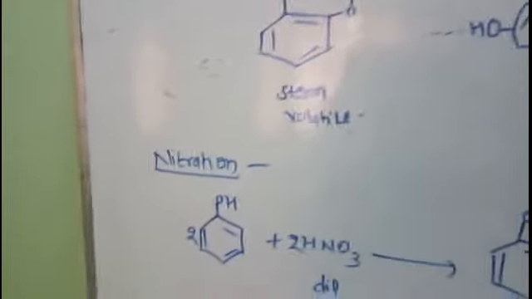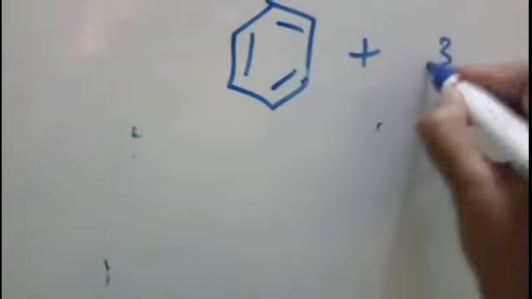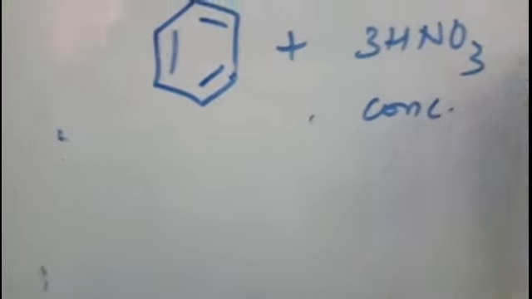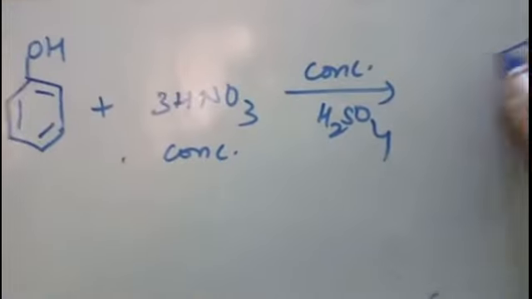Understood? Now let us see what happens when we take concentrated nitric acid. Nitration we will study twice, that is with dilute nitric acid as well as with concentrated nitric acid. So let us see what happens with concentrated nitric acid. When we take concentrated nitric acid or nitrating mixture, tri-substitution will take place.